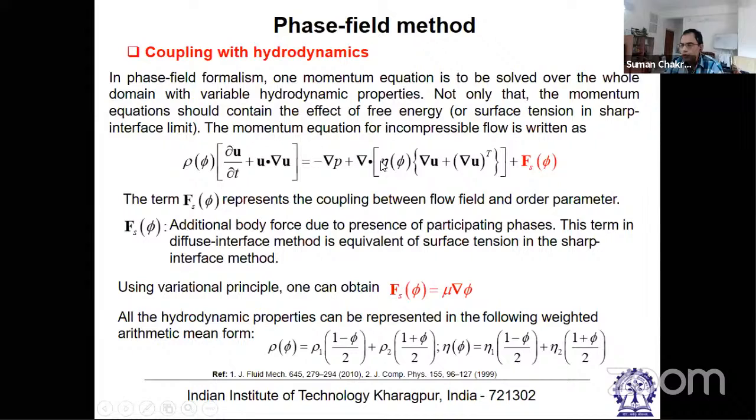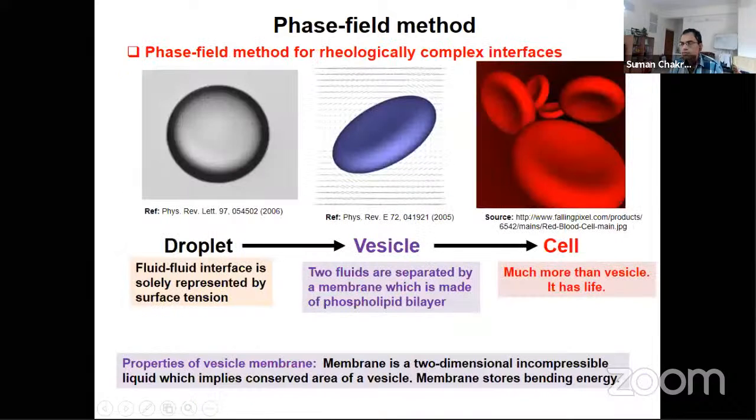And because you have a diffuse interface, all the properties you can interpolate as a function of phi. So this being a very general mathematical treatment, the flexibility of this is that you can add various complexities to make the physical problem very complex.